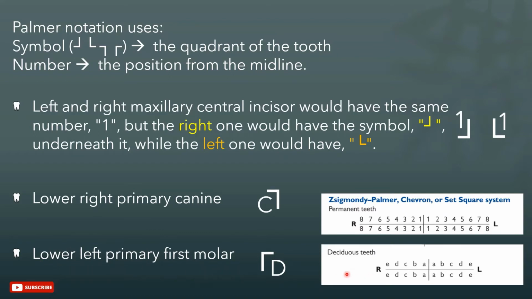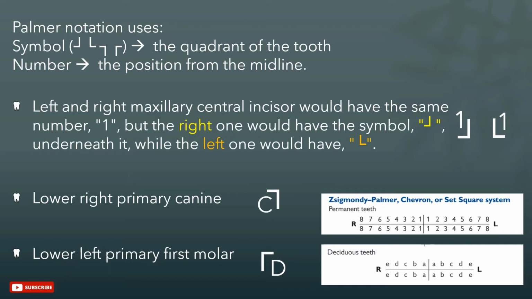Here is the deciduous grid dentition. Lower, so you're using one of those two corners. Left, it's the left of the patient, so it's opened from here. First molar is D, so you write the letter D.